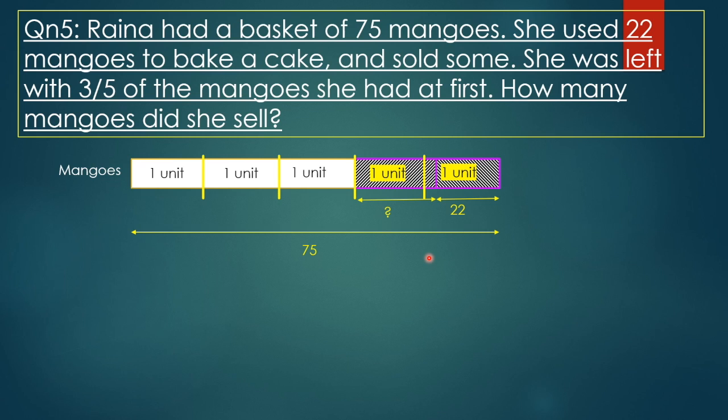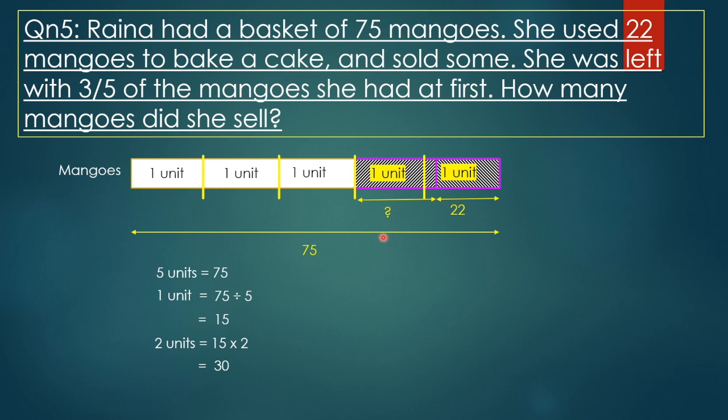So let's count how many mangoes she sold. So we know that this entire number of mangoes is 75. So 5 units equals to 75. So 1 unit equals to 75 divided by 5, and that gives you 15. And this shaded portion here is 2 units. So 2 units equals to 15 times 2, and that gives you 30.